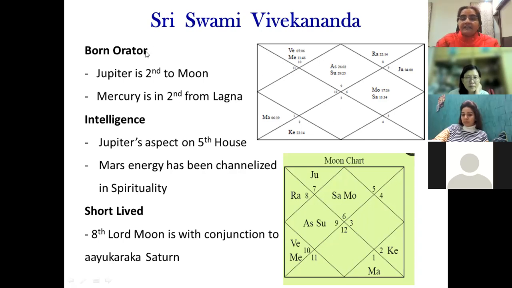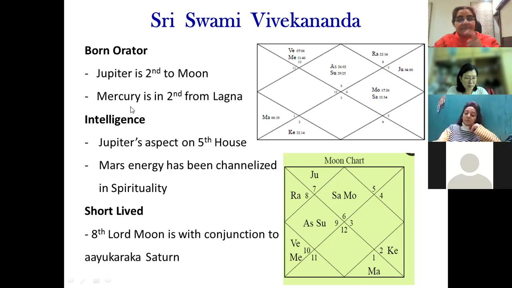Now we can find the reason for that in his chart: the second house is speech. Remember, the second house is speech. Now in his Lagna chart, Mercury is in the second house. Mercury is also the planet of speech. Now you have to refer to all the significators.